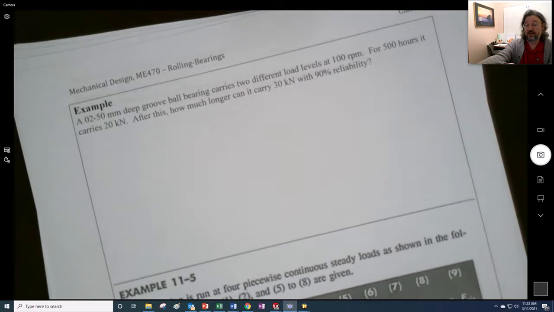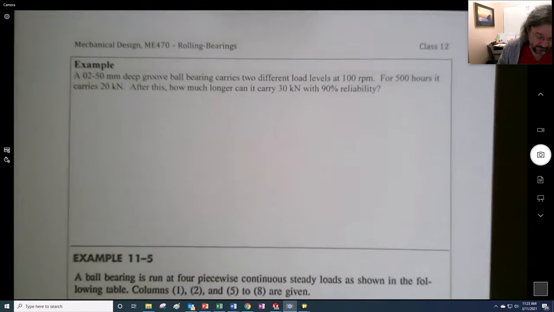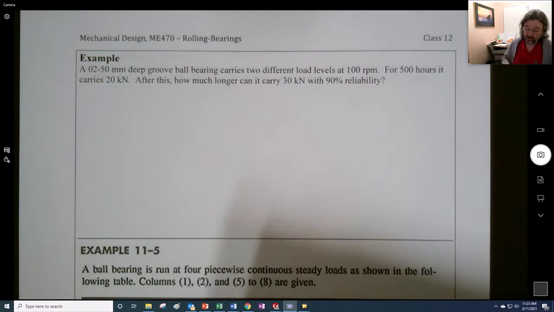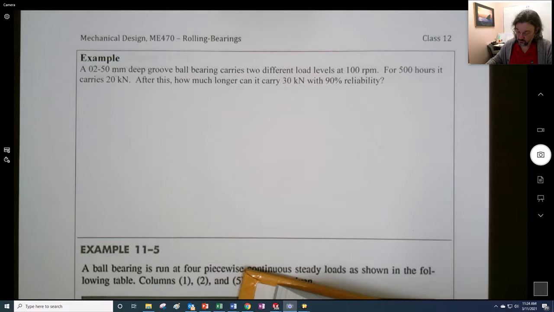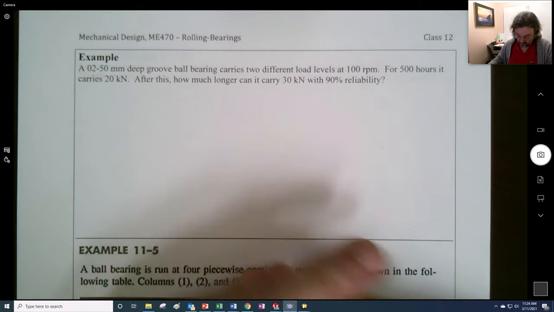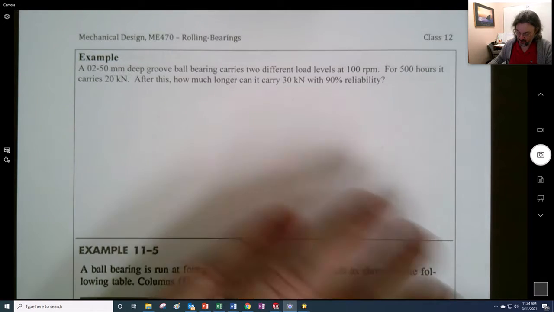Okay, so all these have the same reliability when we're trying to look through them. So what we want to do is look up this bearing's capacity in table 11.2. Right, because that's all we're doing, we're using it for one manufacturer here. And I should have marked the page.